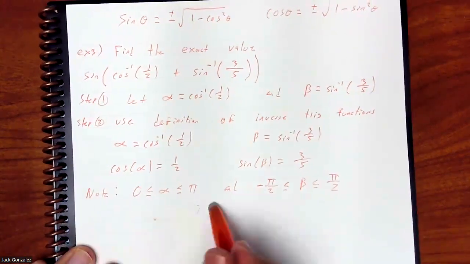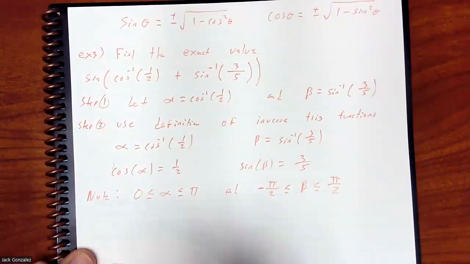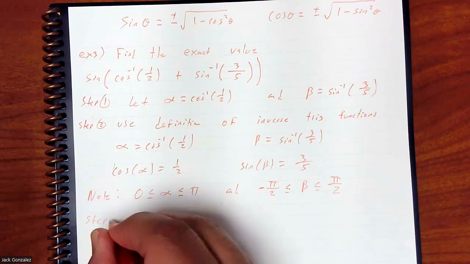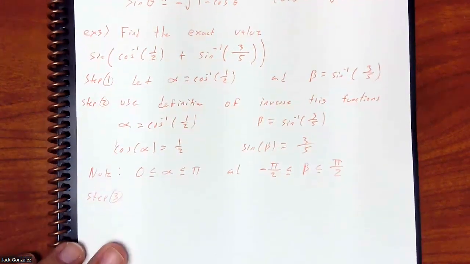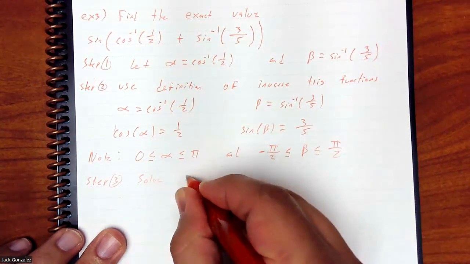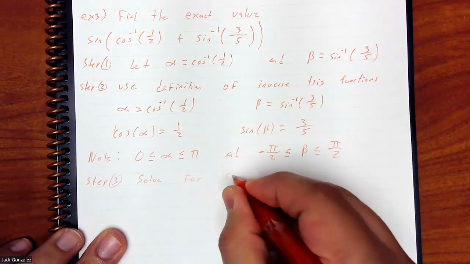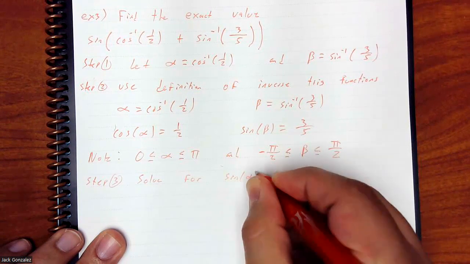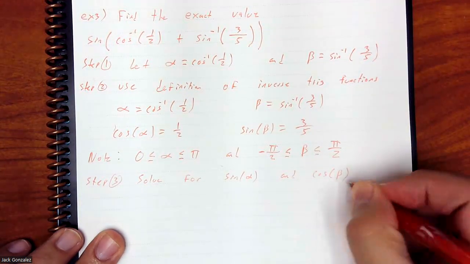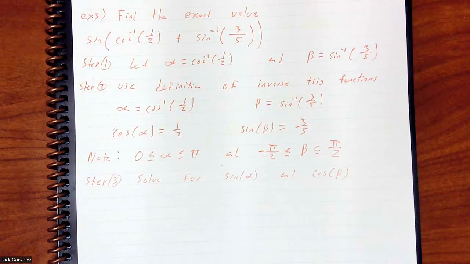Step 3: solve for sine alpha and cosine beta. That's the goal. Those are the missing pieces we need to apply the formula. Okay.